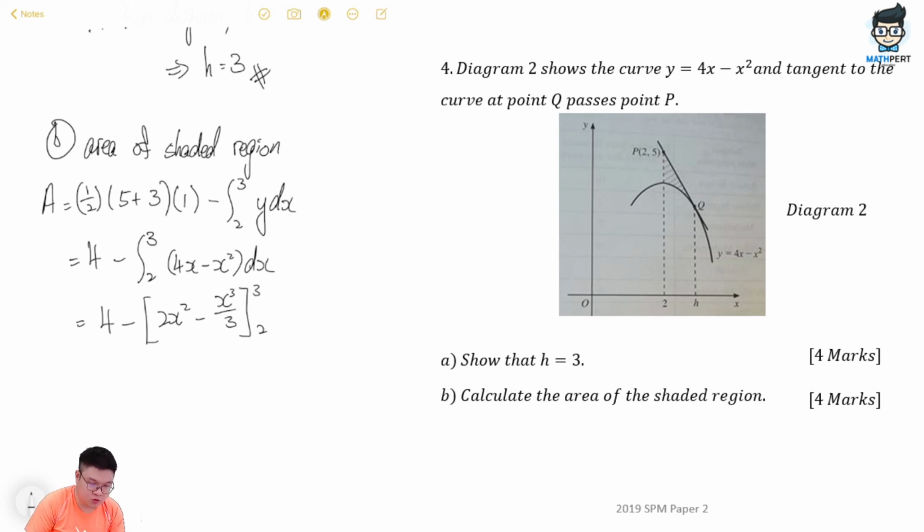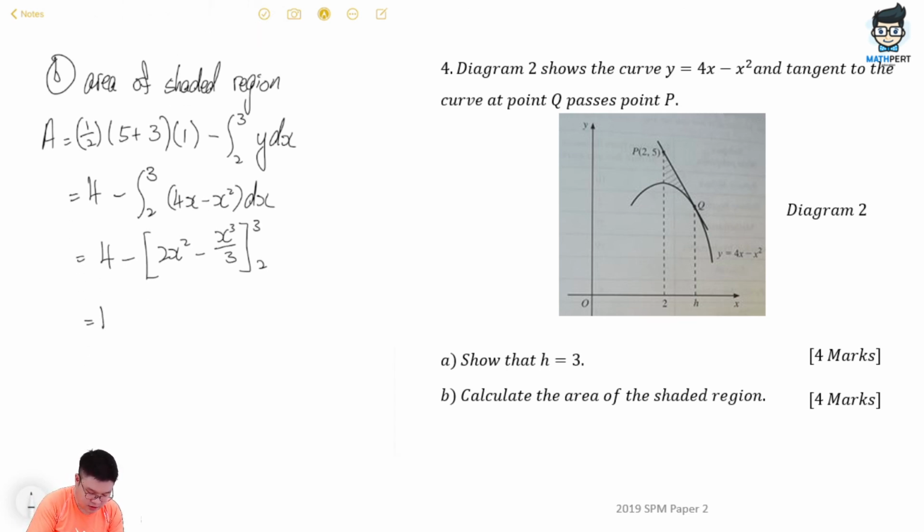Then I substitute 3 and 2 into this. When I substitute 3 into x, 3 squared is 9, 9 multiplied by 2 gives 18, minus 3 cubed over 3, which is 9.